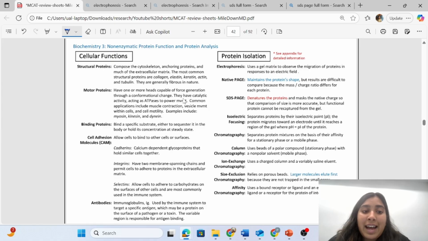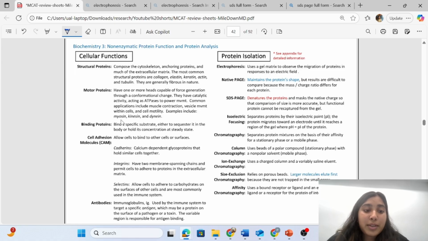They're generally active, so they need catalytic activity like ATPase, which cleaves ATP to ADP so that they can use the power from the mitochondria to do a power movement or a conformational change. Muscle contraction in your body, vesicle movements, and cell motility are all done by motor proteins. It's kind of a steering wheel for the cell.